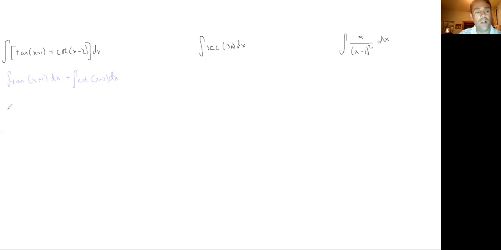They're both natural logs, but we can hopefully catch it a little bit easier. So that's going to be the natural log of cosine of x plus 1, plus the natural log of sine x minus 2.